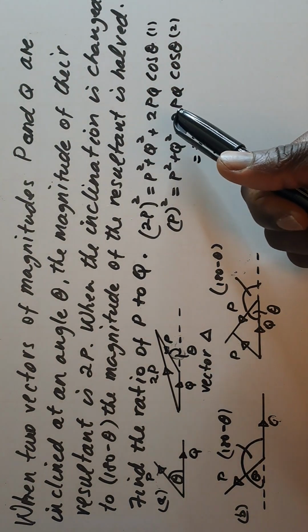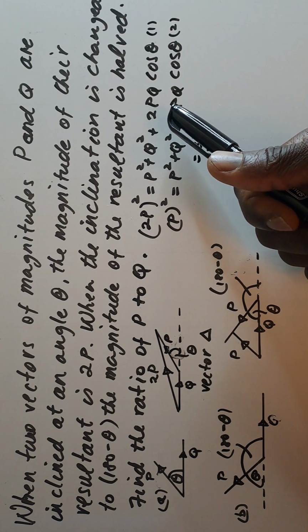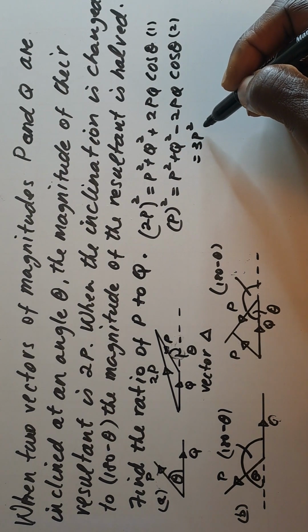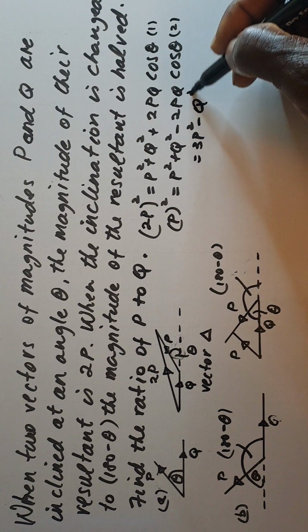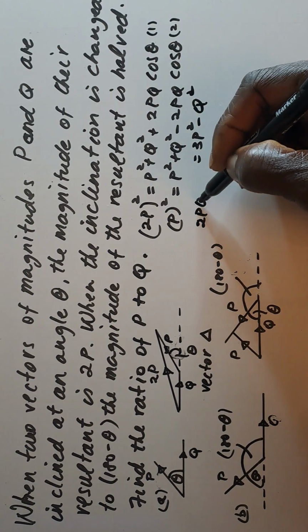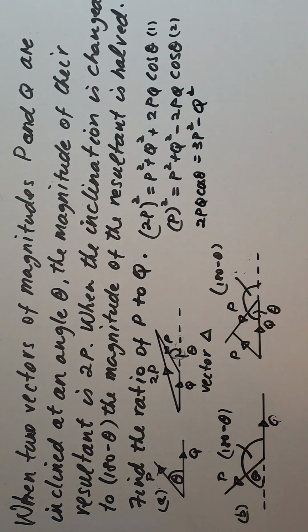And on the other side of the equation, we have 2pq cosine theta minus q squared. Please check this.